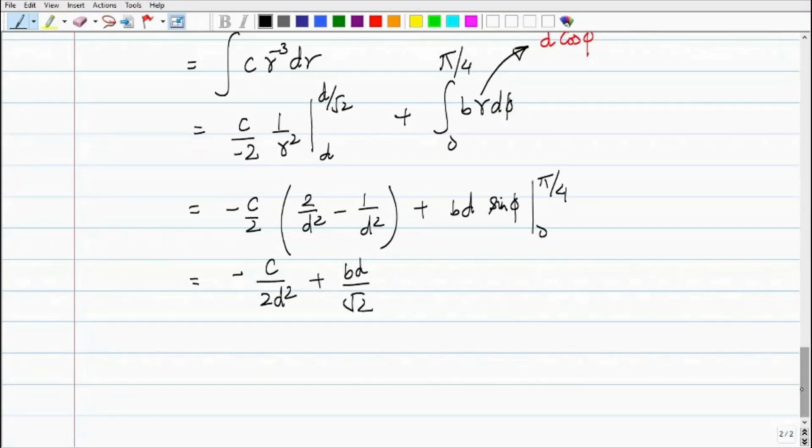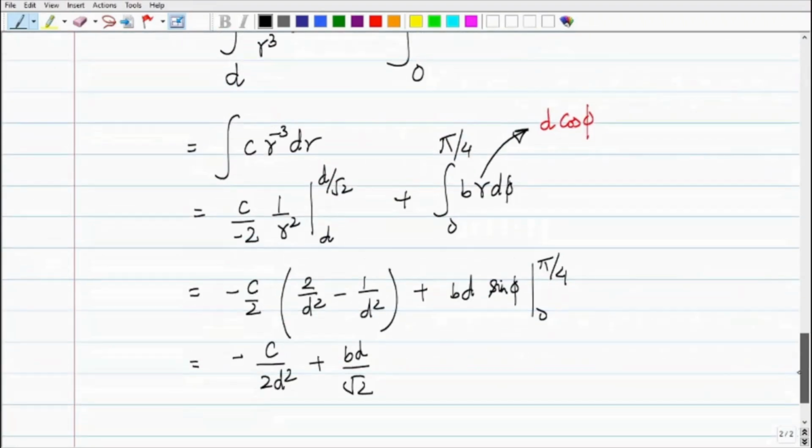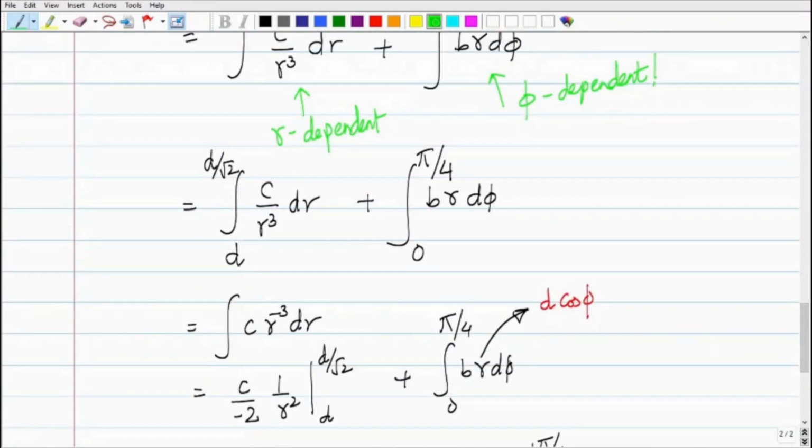Okay, so this is how we calculate the work done along the path. What's crucial here is that in the second integral, the small r has to be replaced in terms of phi, because the variable of integration is phi.